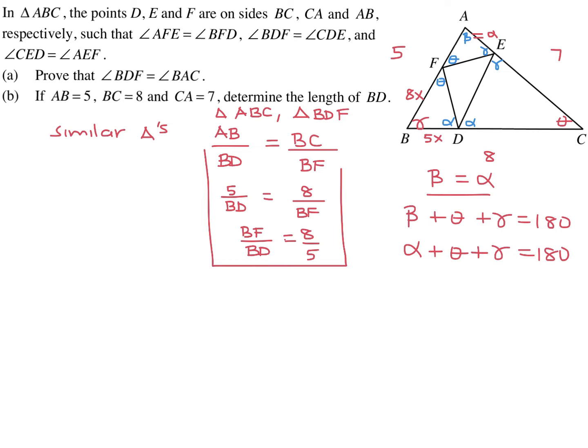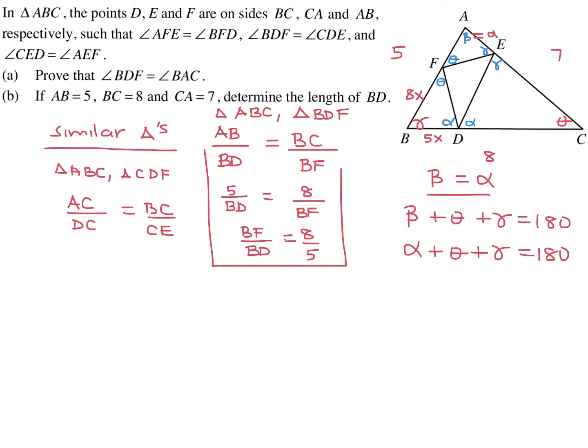Now we're going to compare the following triangles. Triangle ABC, the big guy, and triangle CDE. So here we go. In those two, we can do a similar triangles relationship. Comparing the sides, we get AC over DC is equal to BC over CE.